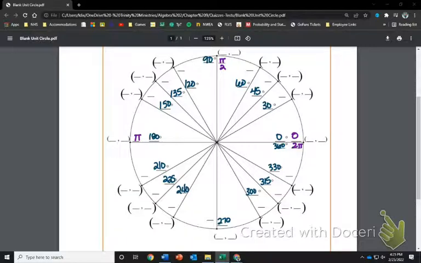So if I wanted to find, actually, let me go back. If I wanted to find from here to here, from 0 to 90 degrees is half pi. Then that means from 90 to pi is another half of the pi, which equals 1. So it would be 1 half pi, 2 halves pi, which reduces and gives me 1 pi, all right?